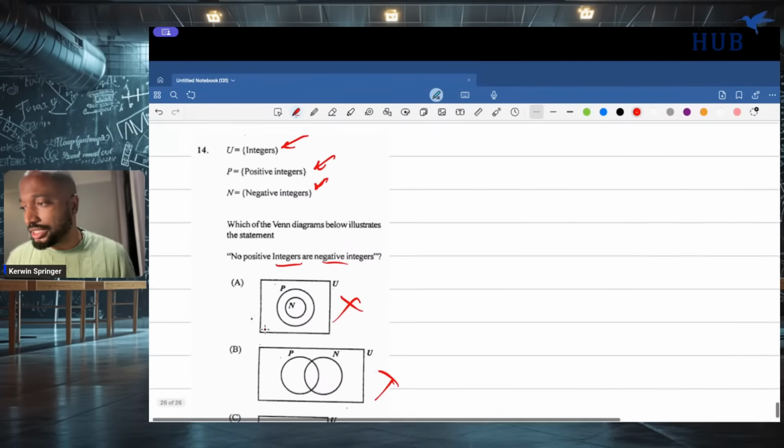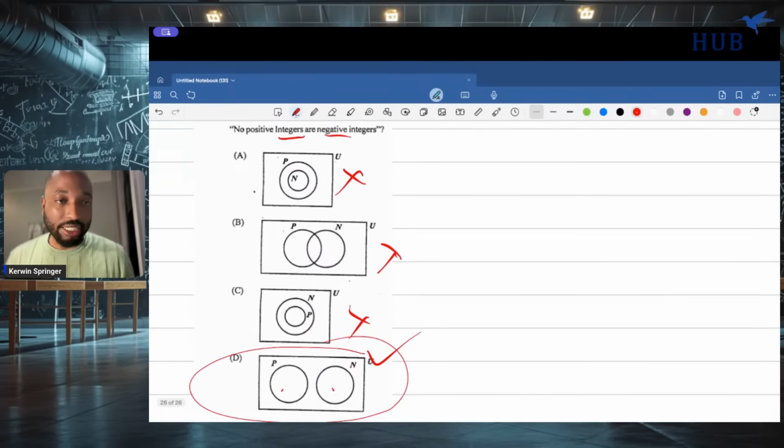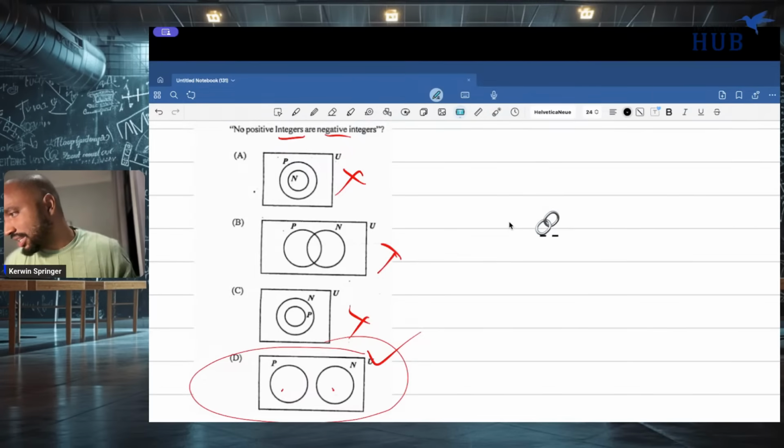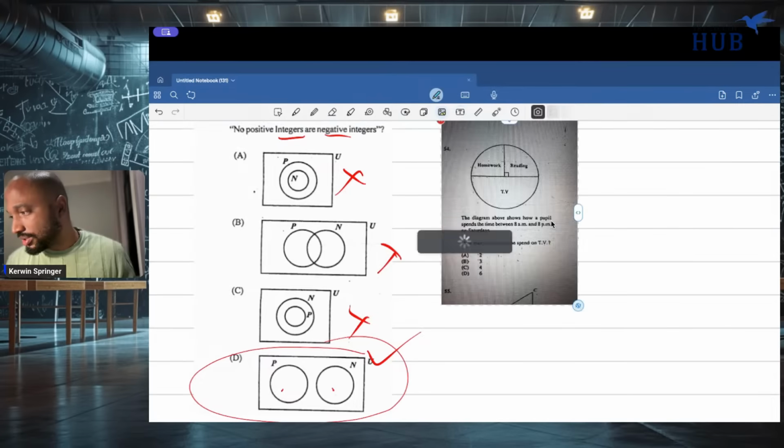So U represents a set of integers and P is positive and N is negative. You know, they don't mix.